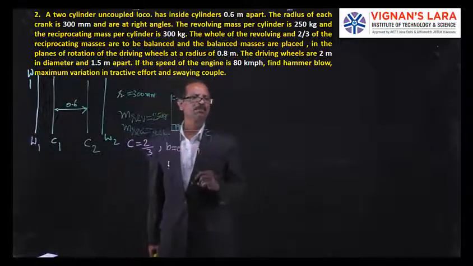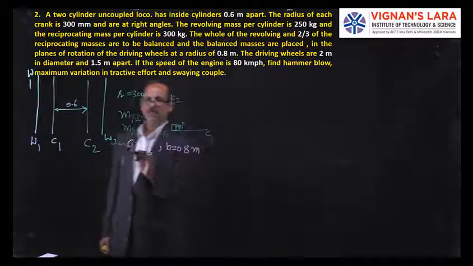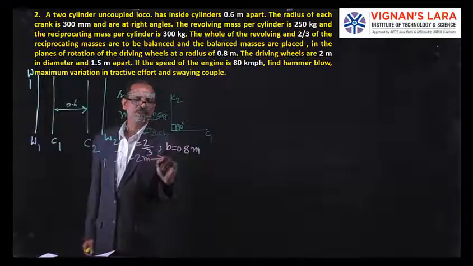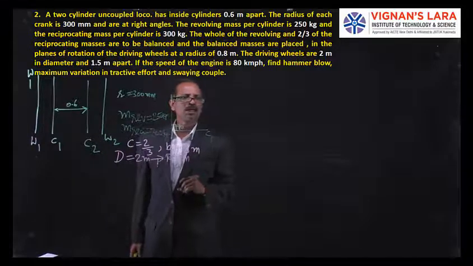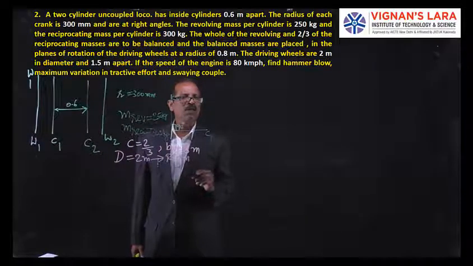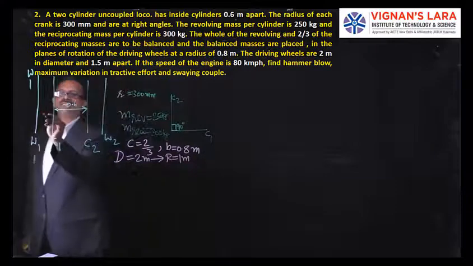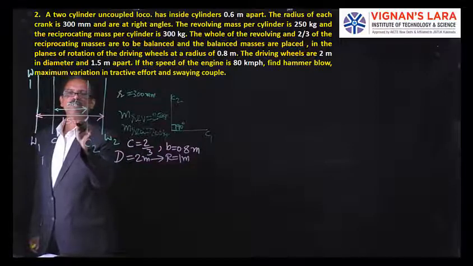The driving wheels are 2 meters in diameter, so capital D is 2 meters, that means capital R is 1 meter. And they are 1.5 meters apart, so the distance between the two wheels is 1.5 meters.